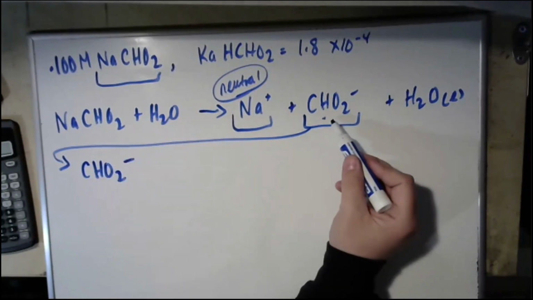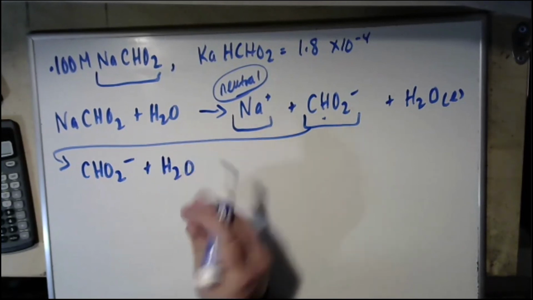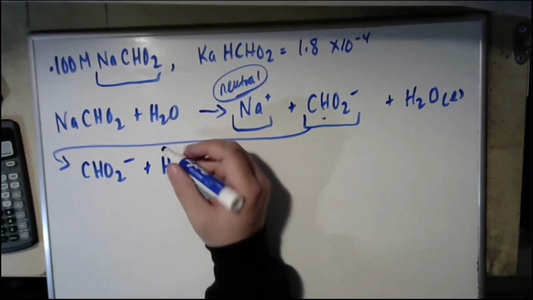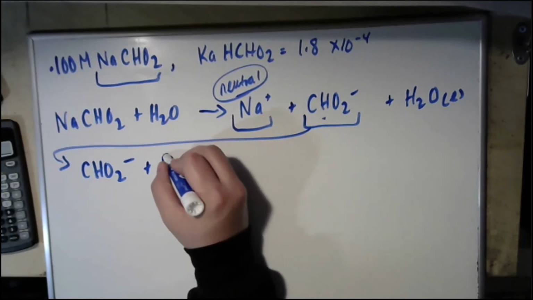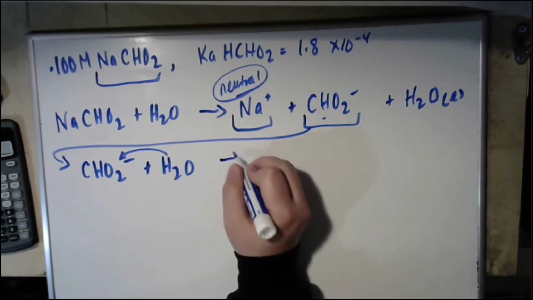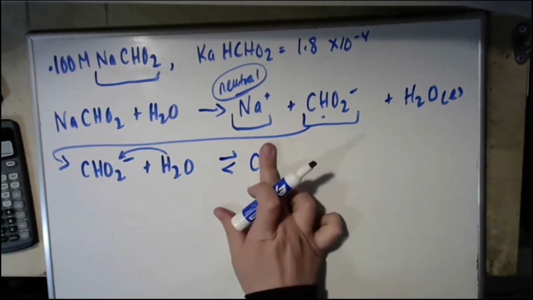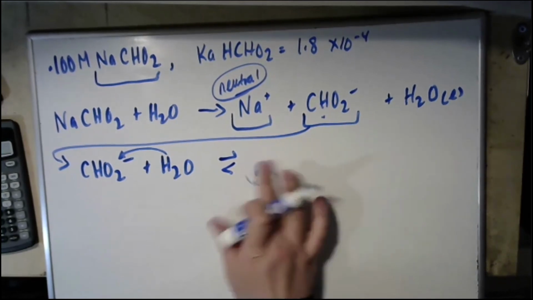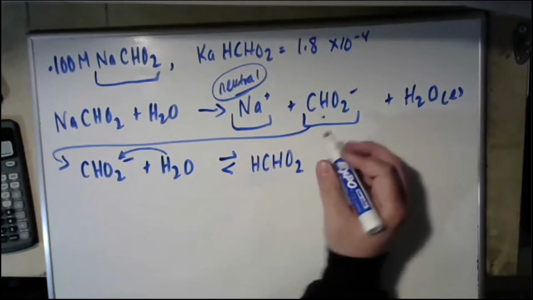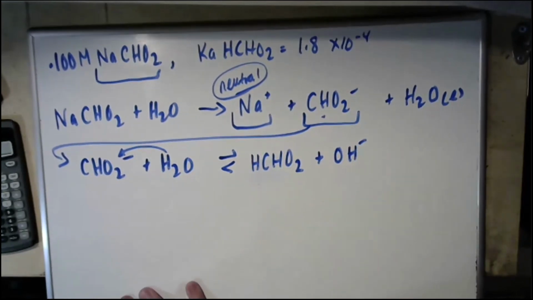So we have to take our basic anion, okay, and we have to see how it reacts with water. What's going to happen? One of the hydrogens is going to pop off and come over here. So it's going to form HCHO2. And it's going to leave behind a hydroxide ion.